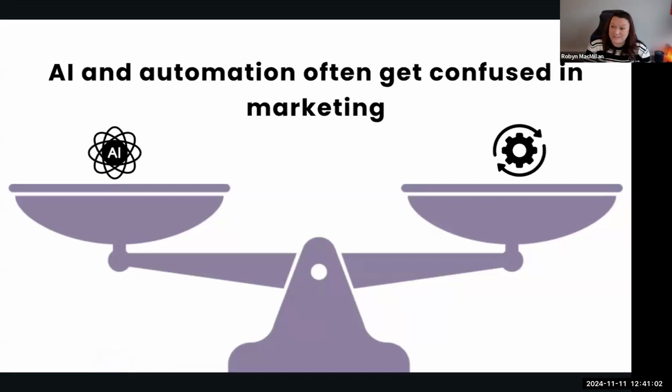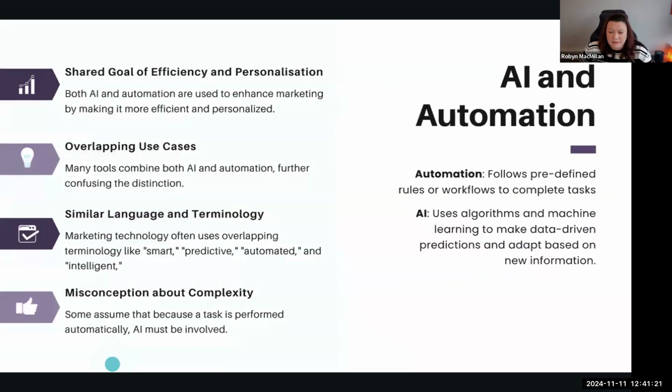And it is truly important for us to recognize the differences, because it helps us in which tool we should use, how our data is being utilized, how our clients' data is being utilized, what output can we expect from a certain marketing tool.